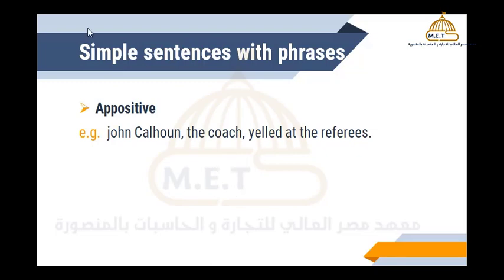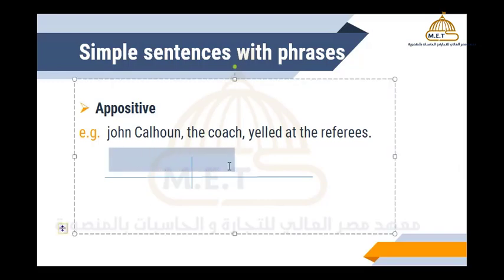Now let's diagram it. The baseline and the line split between the verb and the subject. And the coach, which is the appositive, we will write it between two brackets beside John Collins. So we have the, which is an article for coach, so it would be under it.